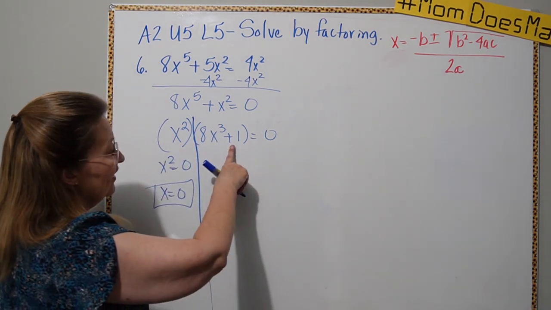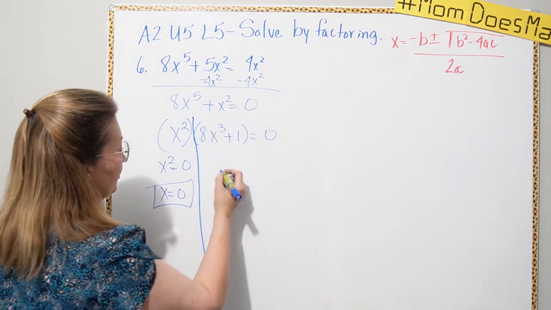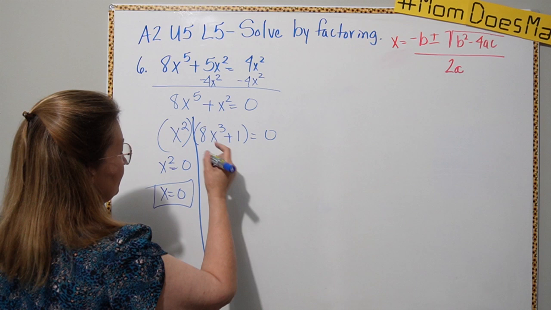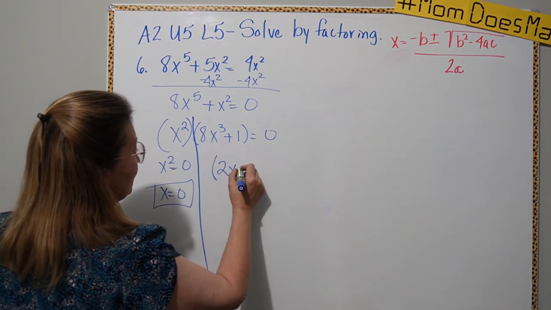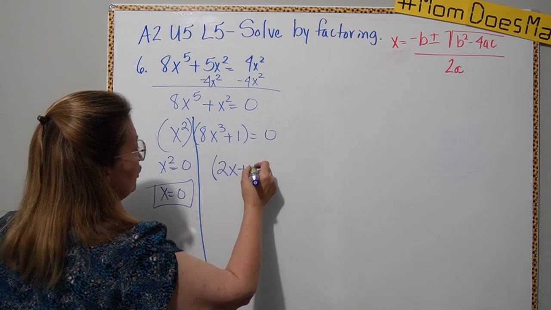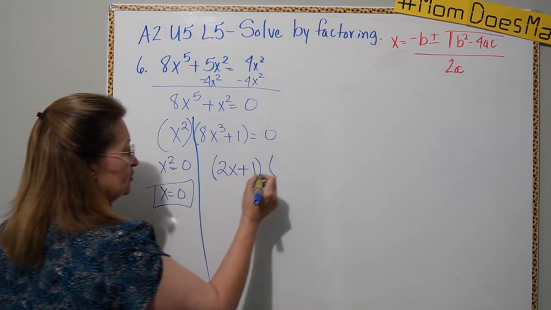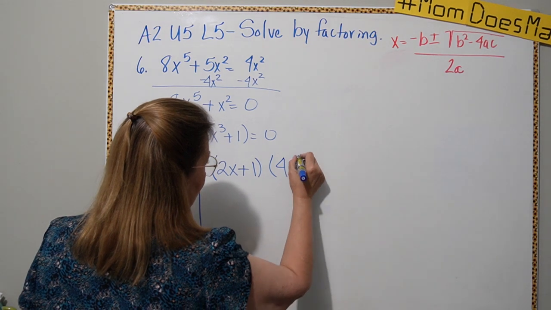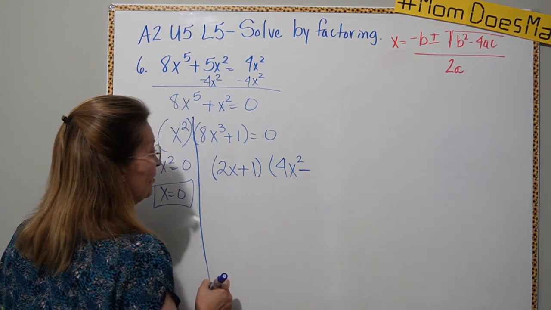All right, I have a sum of 2 cubes. So you're thinking of your sum of 2 cubes formula, and that was you take the cube root of this, which is 2x, and you have the same sign, which is plus, and the cube root of that, which is 1. Now in your other factor, you would square this, so that's going to be 4x squared. You have the opposite sign, so that's minus.